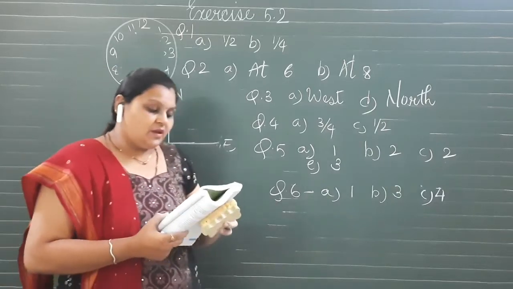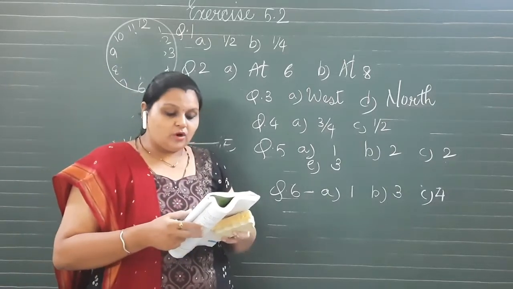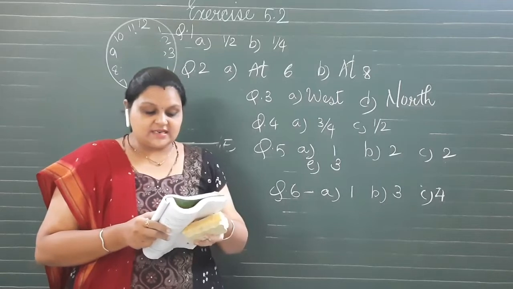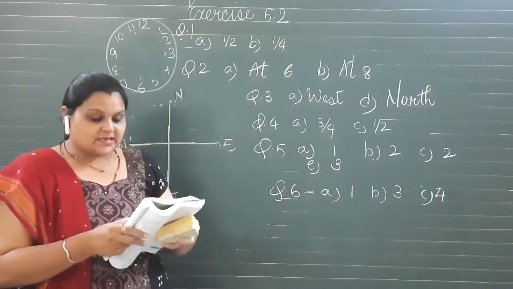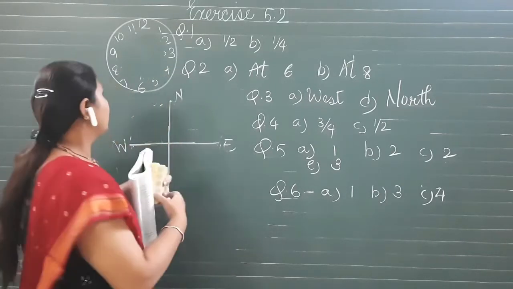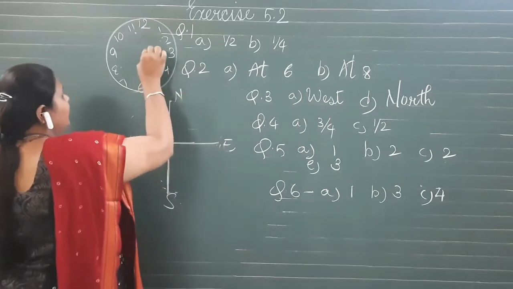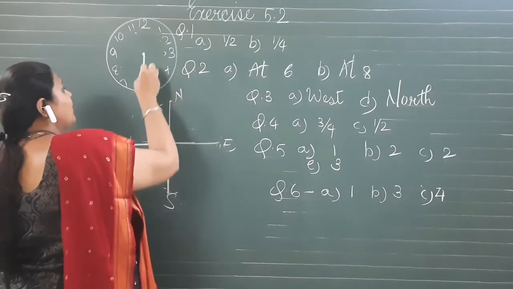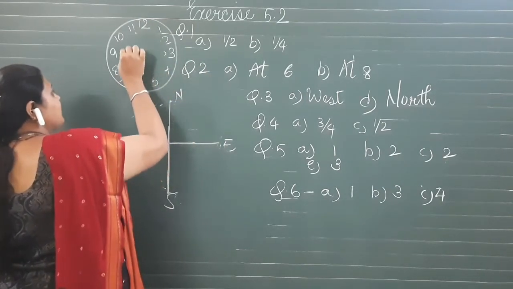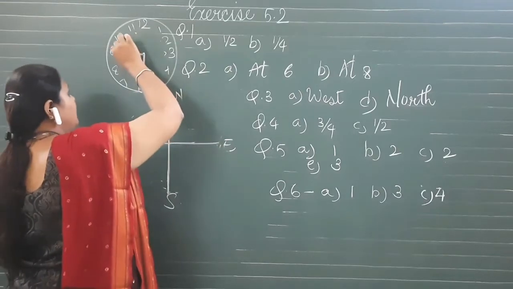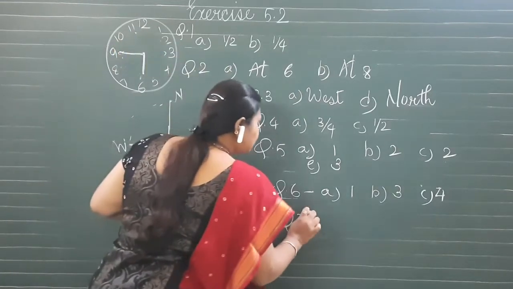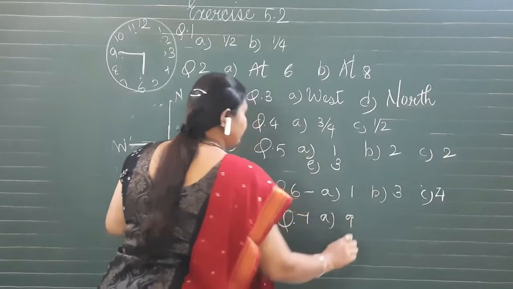Question number 7. Where will the hand of a clock stop if it starts from 6 and turns 1 right angle? Again the clock. It is at 6 and turning 1 right angle means it will be at 9. So the answer is 9.